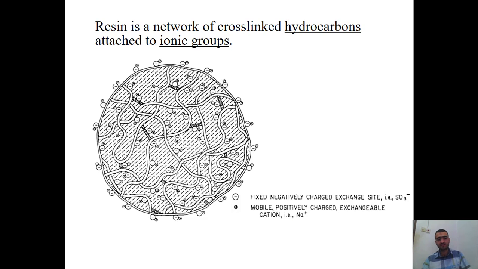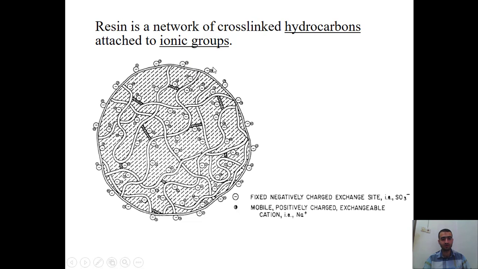So actually, from inside, the resin is a network of cross-linked hydrocarbons attached to ionic groups. You can see here the hydrocarbons, those negatively charged exchange sites, those are the fixed anions, and the fixed anions are connected to positive cations.